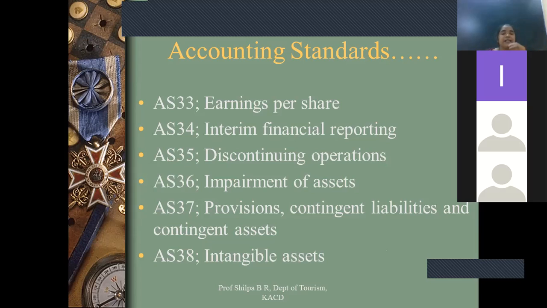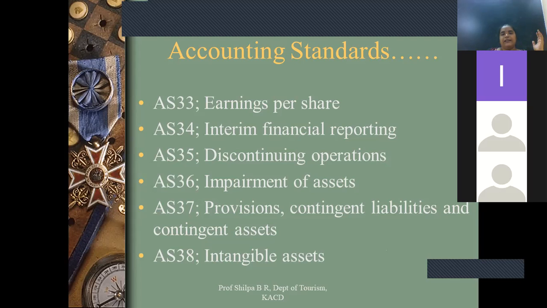That's the reason why many companies are making quarterly profit statements. After every 3 months, they're showing this is my profit and loss, this is my balance sheet. So such reporting within a year is called interim financial reporting, and that is done as per accounting standard 34.